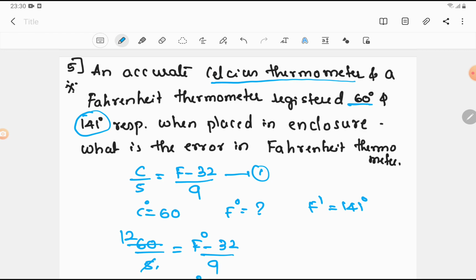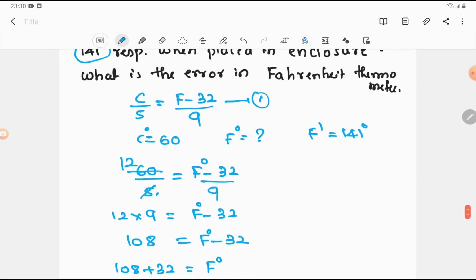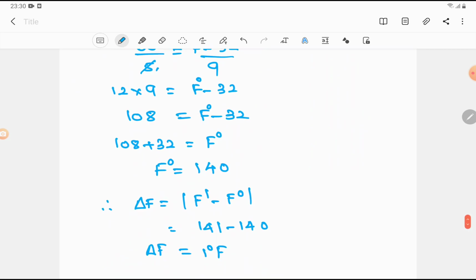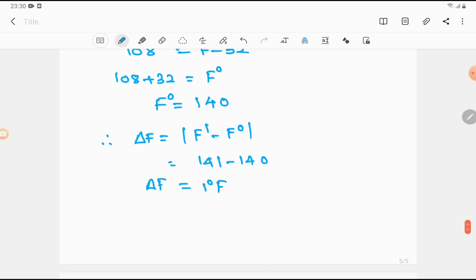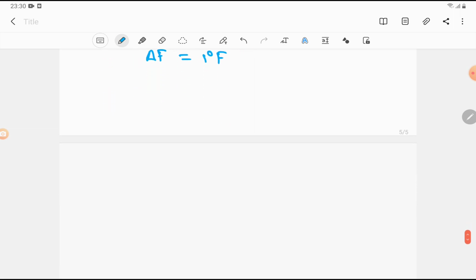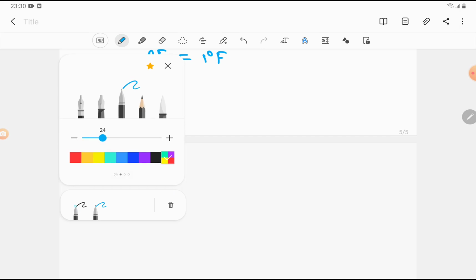He is asking error, so F dash is 141. Using the relation, he has given C naught, let me find F naught. I have found the value of F naught as 140, so the error will be 1 degree Fahrenheit. Okay, let us go to problem number 6.